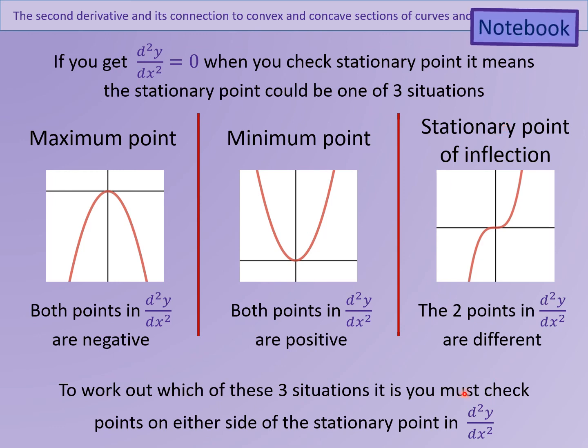The alternative to that is not using the second derivative. You might prefer to use the first derivative, and that could also tell us whether it's a maximum, minimum, or stationary point. Because if the gradient is going from positive to negative when you substitute in 0.1 and minus 0.1 into the first derivative, we know it's a maximum. If it's going from a negative gradient to a positive gradient, we know it's a minimum point in between those.